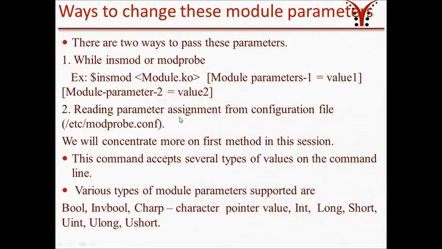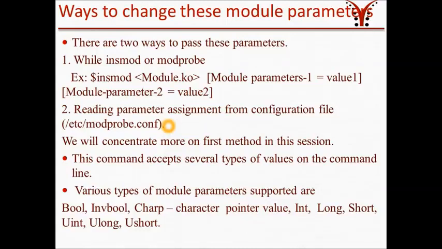The second one is reading parameter assignment from the configuration file. Whenever you are using modprobe, either you can pass the parameters to it like the first command, or you can add those parameters in the modprobe.conf file. So whenever you execute the modprobe command, it will first try to read these parameters from modprobe.conf and will pass those parameters to your Linux kernel module. In this session, we'll concentrate more on this first method using insmod.